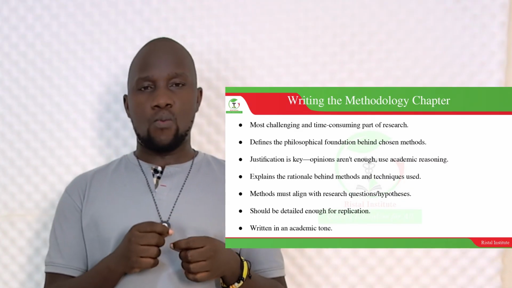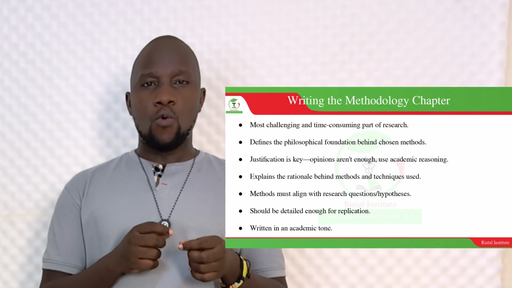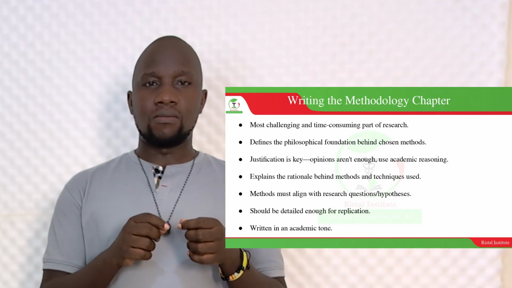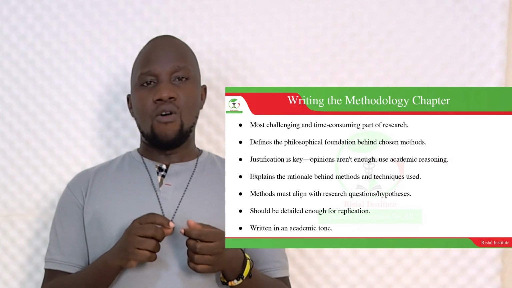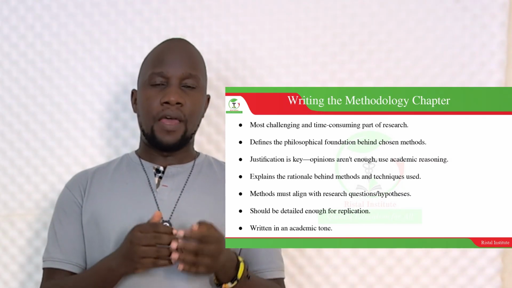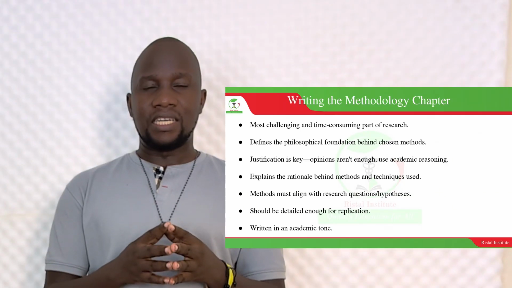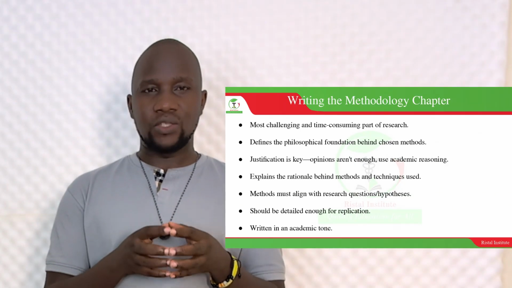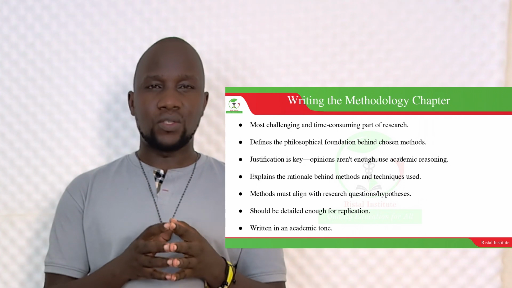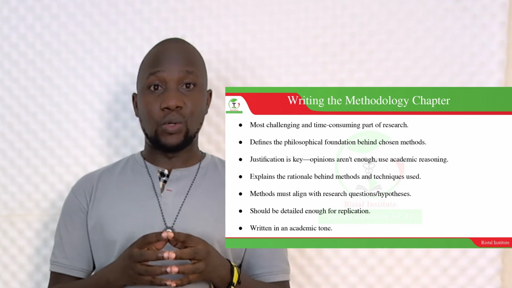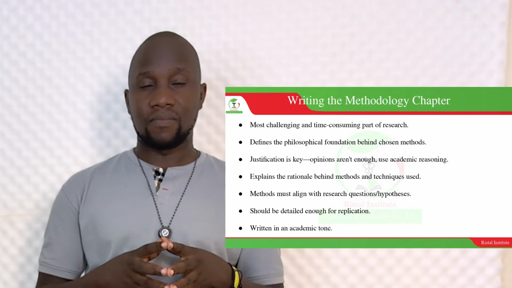What did we do? What did we measure? We measured with what? Okay, those clear descriptions of every detail that we actually conducted, such that the person who is going to read your work and wants to reproduce the same kind of research should be able to do that based on the information that you are providing them.